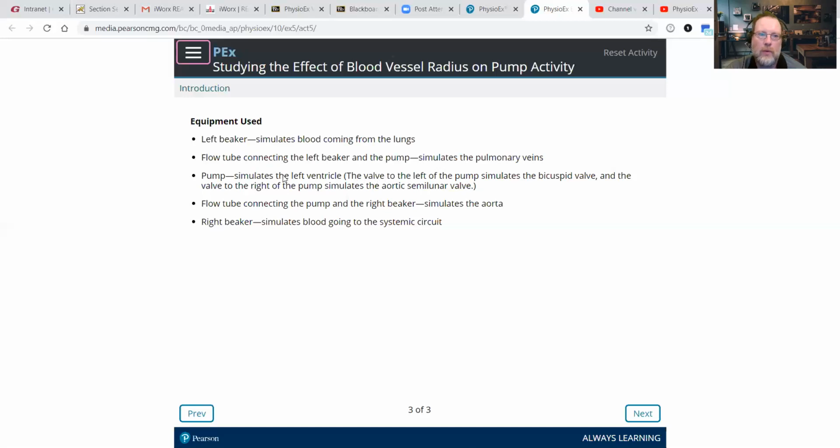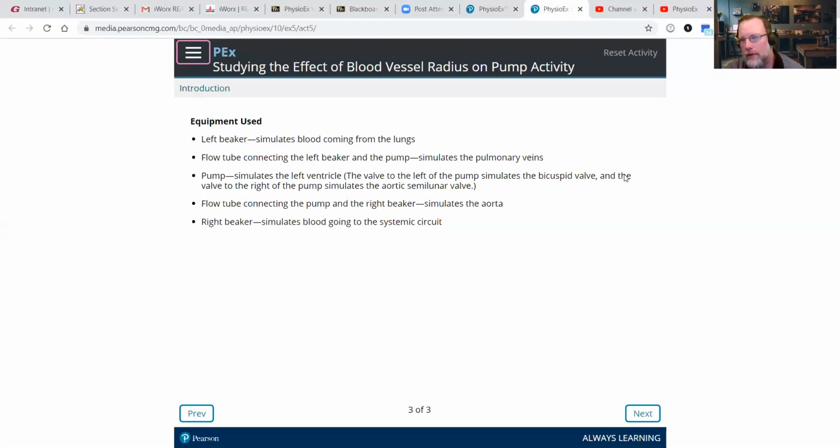Anyhow, there is a valve right before we enter the pump that represents the bicuspid or mitral valve. So this flow tube represents the pulmonary veins into the left atrium, and then we get this little valve that opens up into the pump, which simulates the left ventricle.